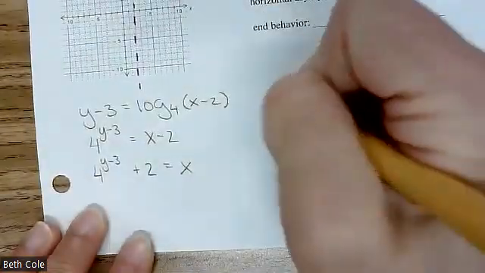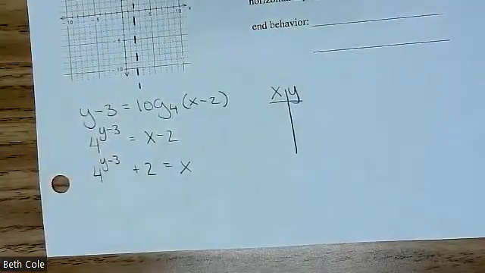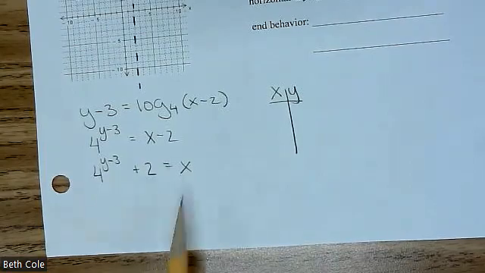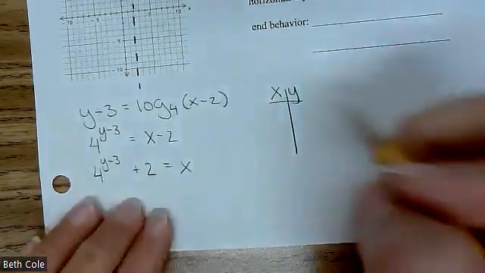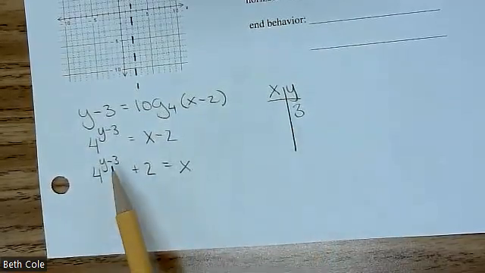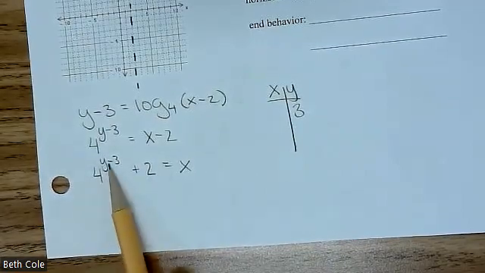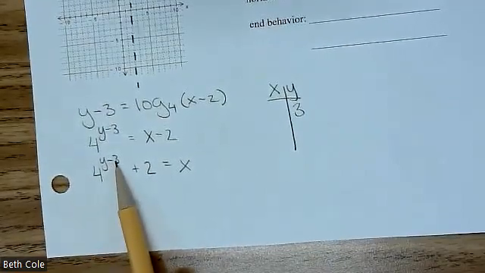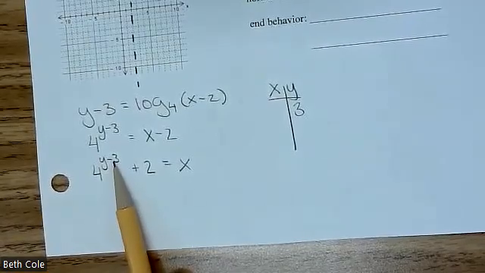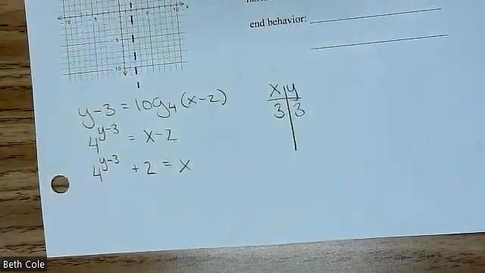So when you go to make a table of values, you're going to plug in for y and get x. With me here? Backwards. We're going to plug in for y and get x. So look at this. 3 would be a good number to choose to plug in for y. Do you see why I picked 3? Because 3 minus 3 will be 0. Anything to the 0 power, 1 plus 2 is 3.